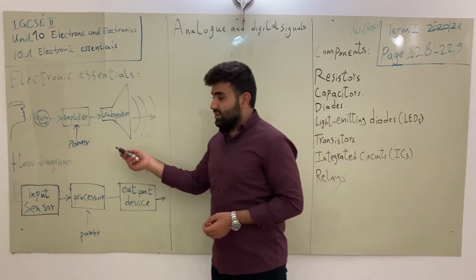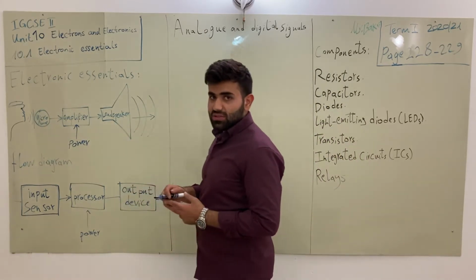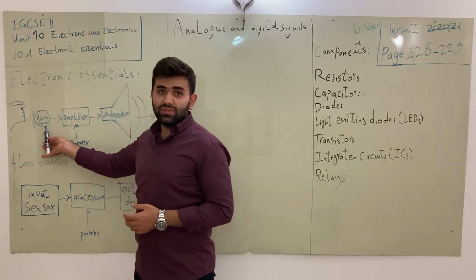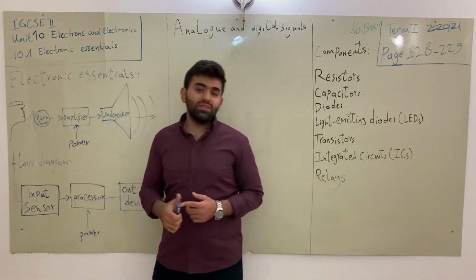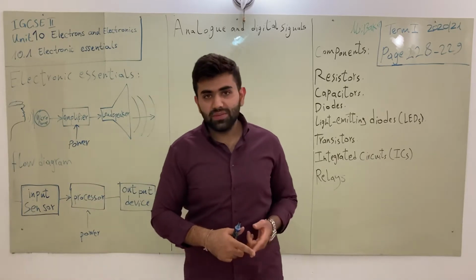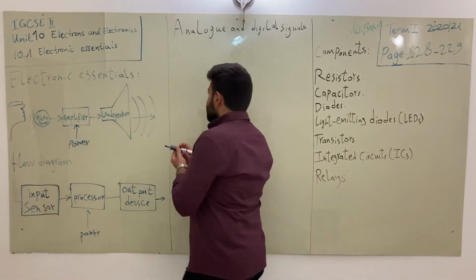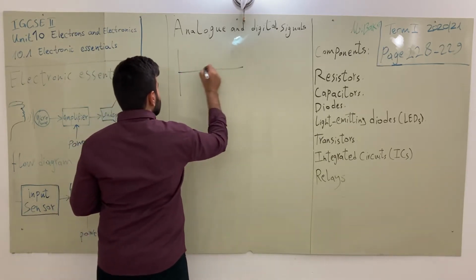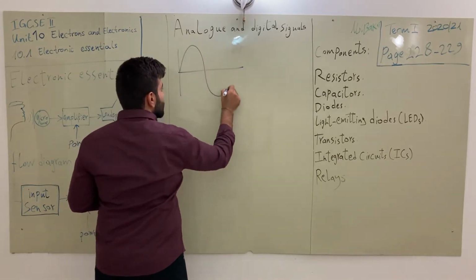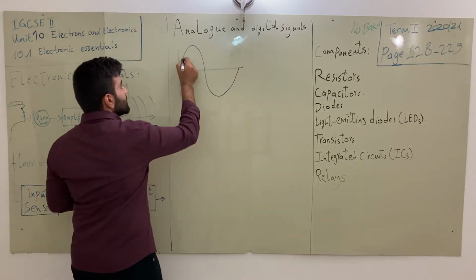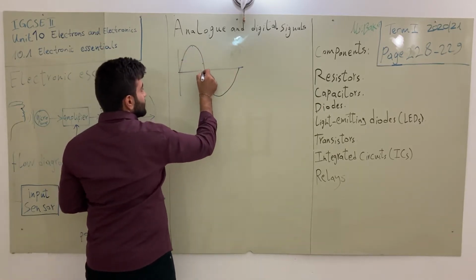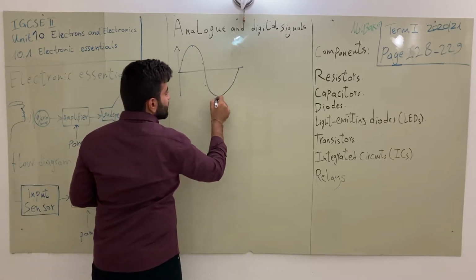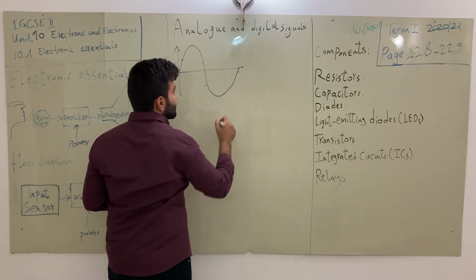We have two types of signals. The small changes in the current here are called signals. We have analog signals and digital signals. An analog signal is something that is changing. For example, here we have an analog wave, and at each time it has a different value.